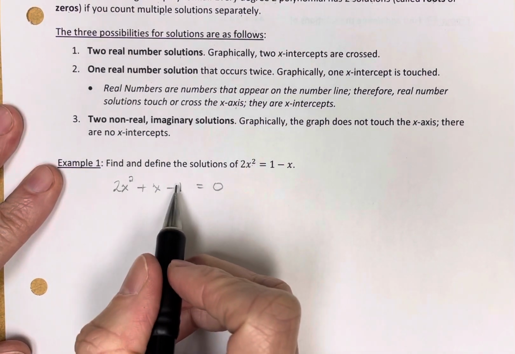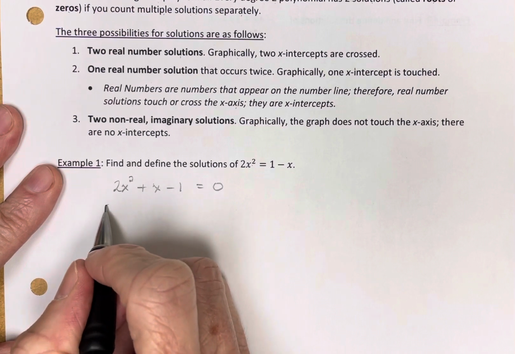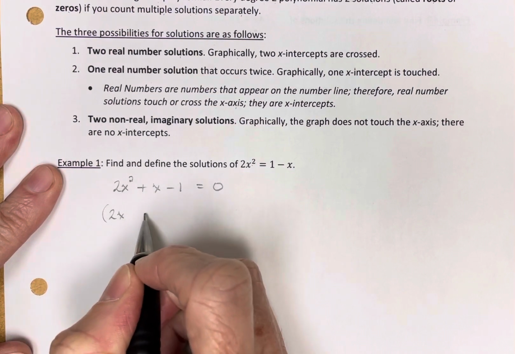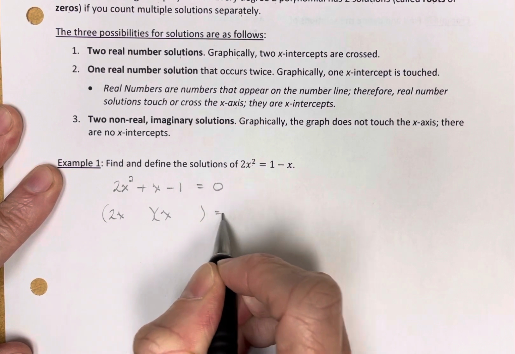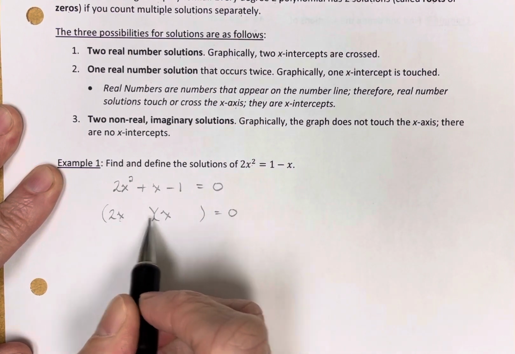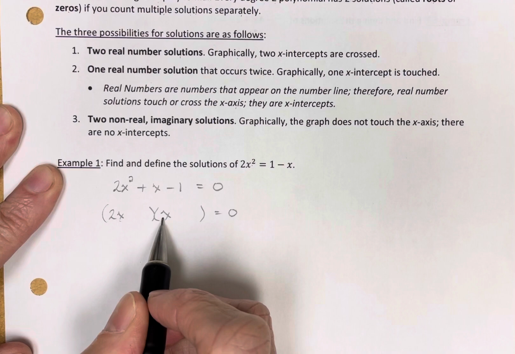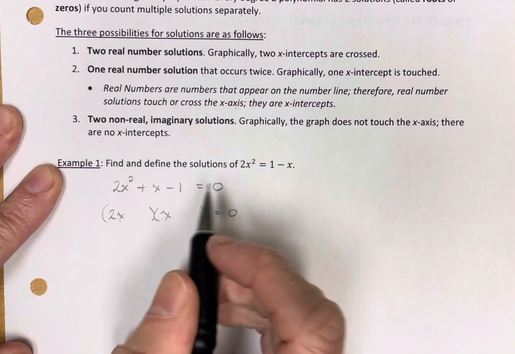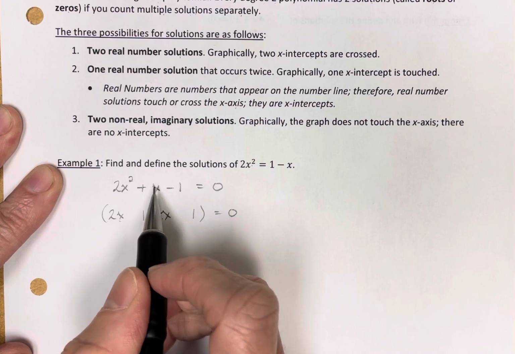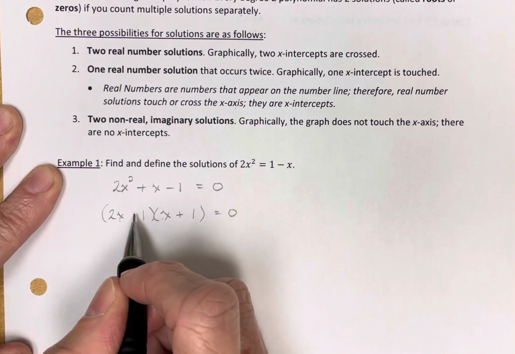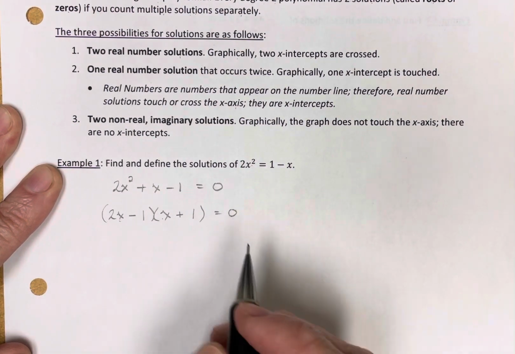I made the problem, of course. I know it's factorable. I know that 2x squared is only 2x times x, so I know my first terms are 2x and x. I need a 1 in the back, so I have a 1 and a 1. I need a positive x, so it's positive 1 back here and a minus 1 here.